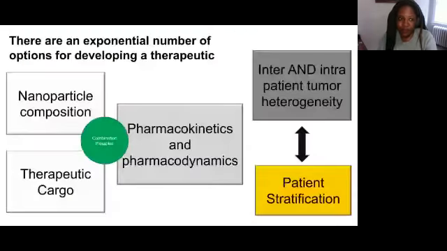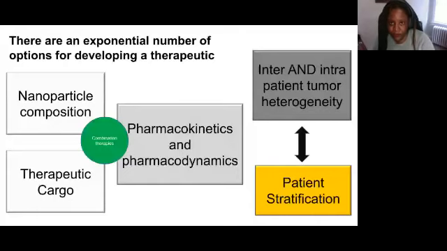When you think about the basic or engineering space, where we're trying to design particles and new therapies, we have all the ways that we can make nanoparticles: size, shape, charge, the actual material, and the degradation and release properties. Then you have what you load it with. Are you going to use a chemotherapeutic like paclitaxel or doxorubicin?